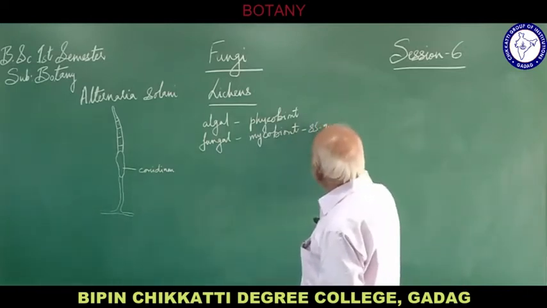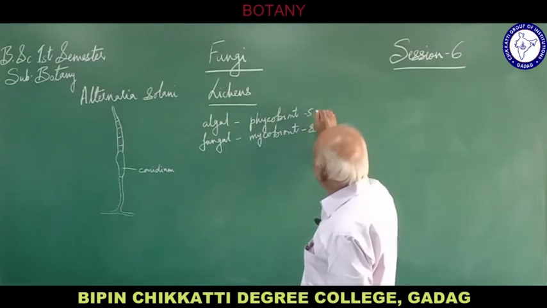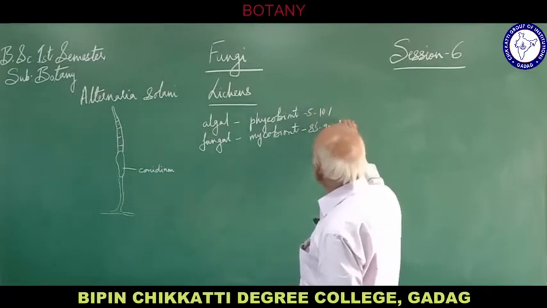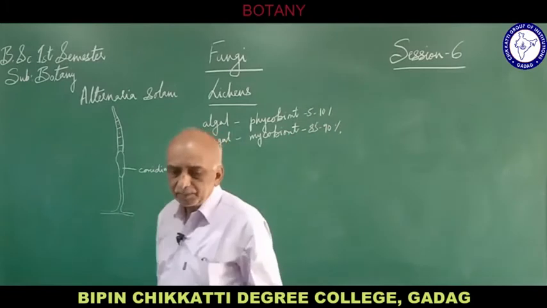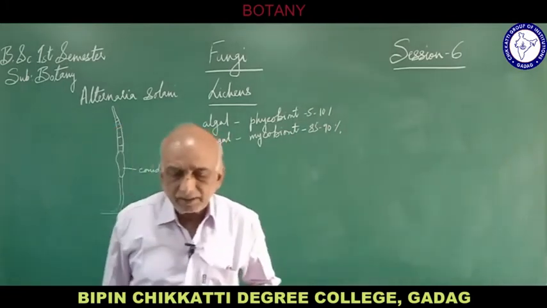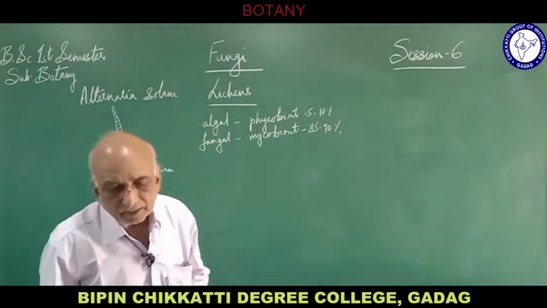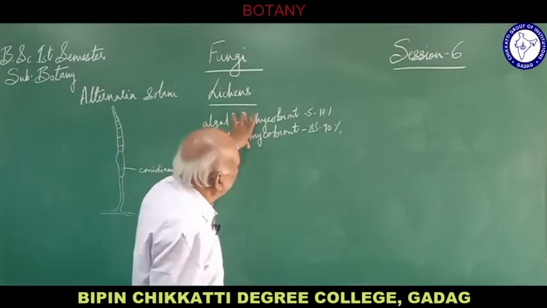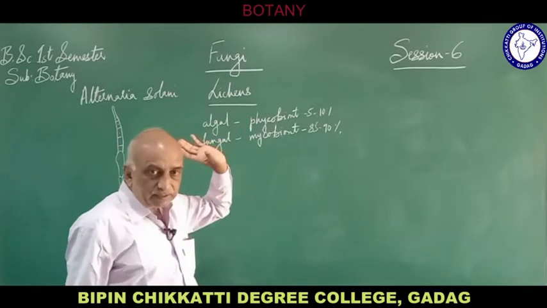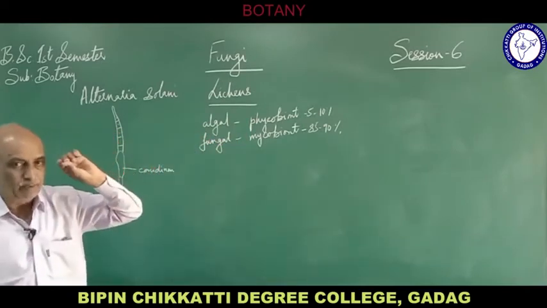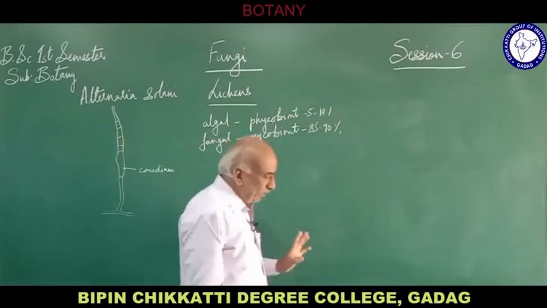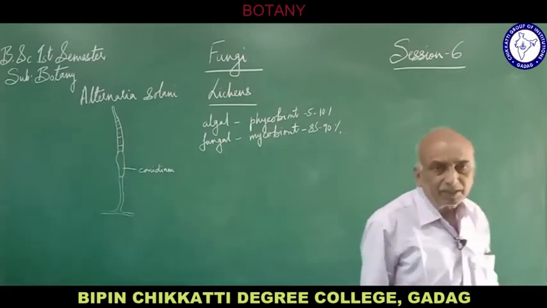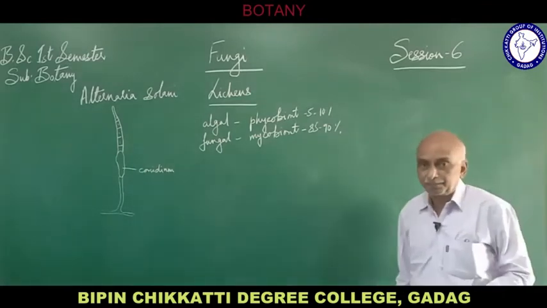Majority of the body consists of fungi. Only about 5 to 10% consists of the alga or the algae. So both of them together constitute the body of the lichen. Here algae and fungi are symbiotically associated with each other.